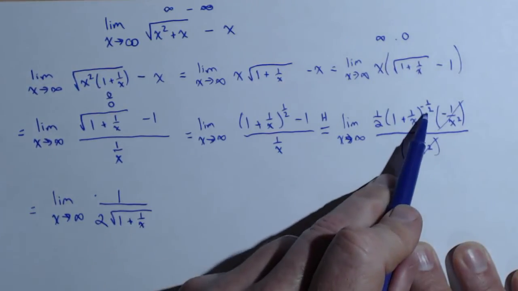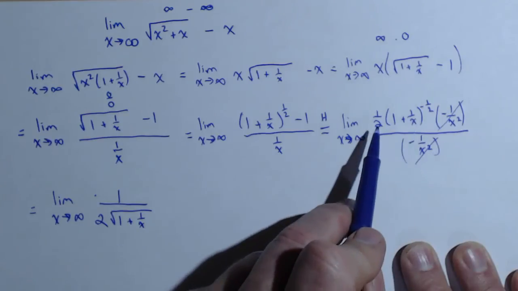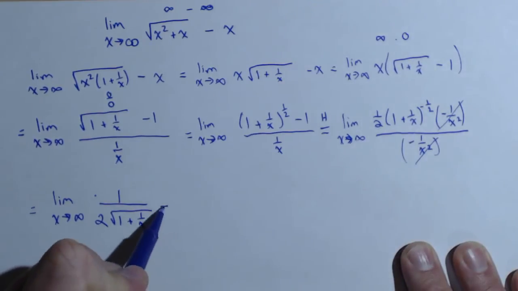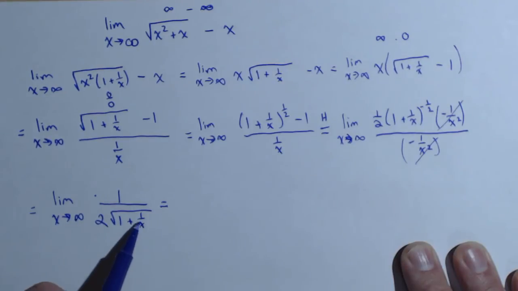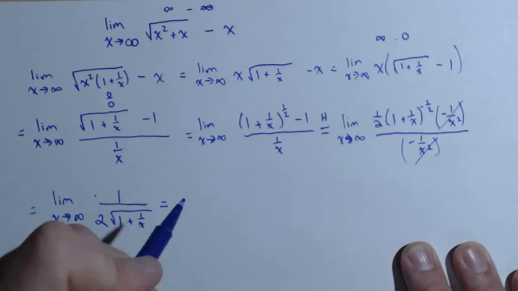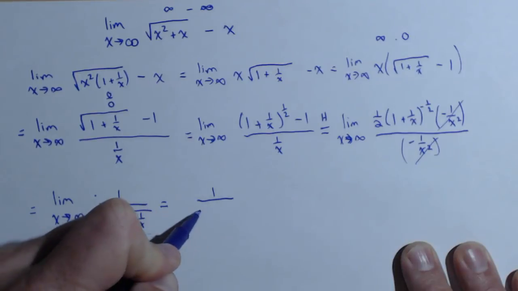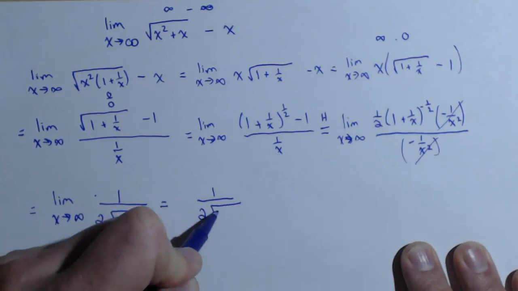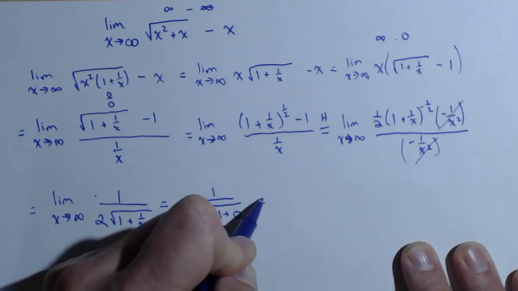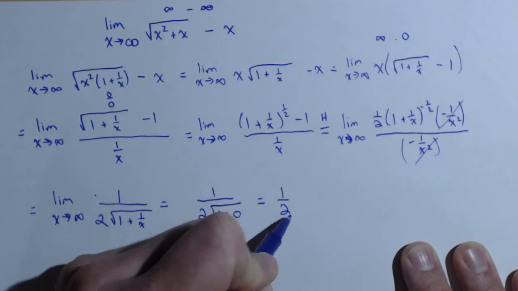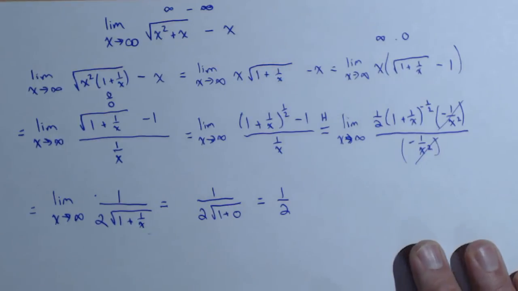It's in the denominator because of the negative exponent, and there's already a 2 in the denominator, so you can see where everything came from. Now, as x goes to infinity, this is the only piece that depends on x. This goes to 0. So we have 1 over 2 times the square root of 1 plus 0. That's going to be 1 times 2, and that leaves us with a limit of 1/2.